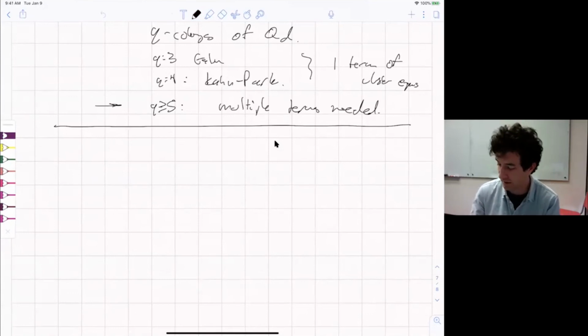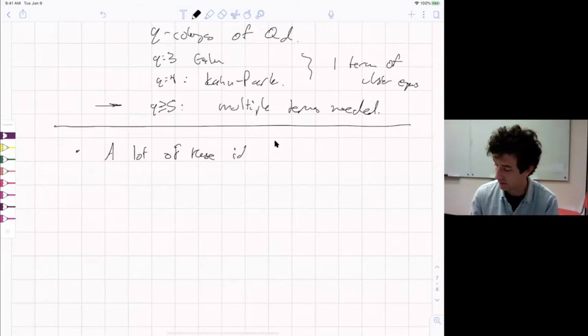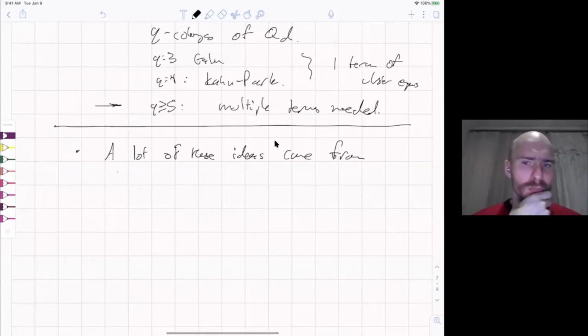I mean, that actually leads me to one other theme, and maybe this will be the last thing I say, is that a lot of these ideas came from designing algorithms.